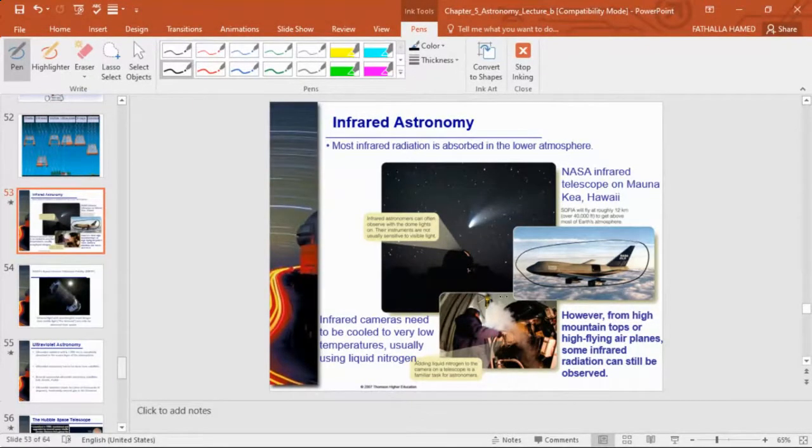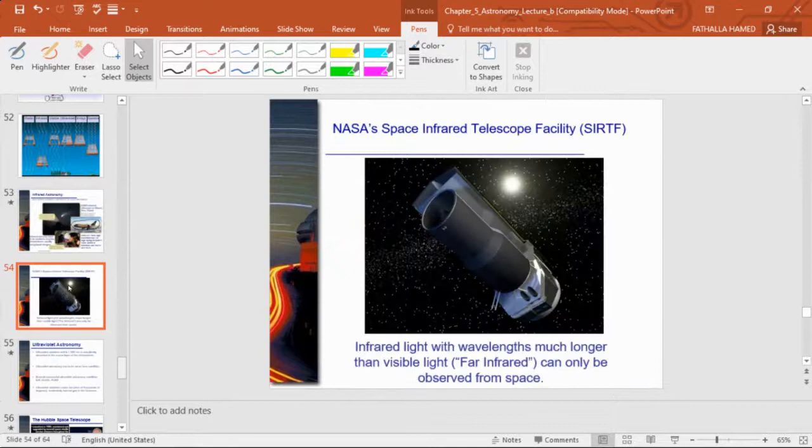In this photo, you see a little bit of smoke coming from liquid nitrogen as it evaporates. This is done by NASA, and it's an operation that needs pilots, co-pilots, engineers, and scientists on board to detect infrared radiation that comes from space.